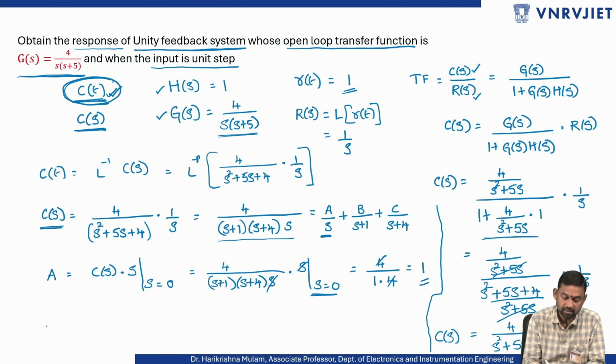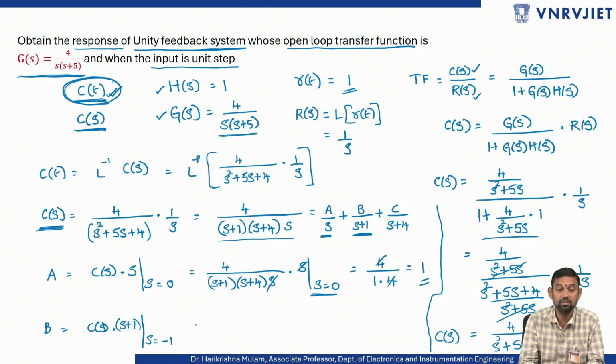Similarly, if you want to find B, again C(s) into (s plus 1), since it is B by (s plus 1), and for this factor the root is s equal to minus 1.